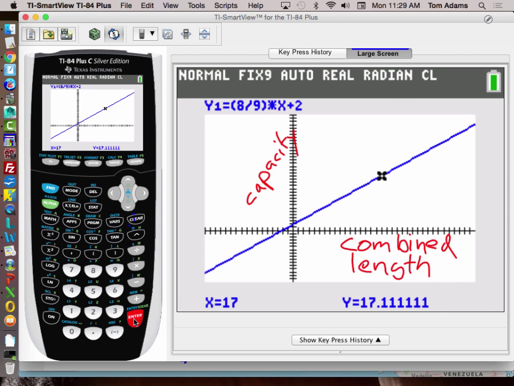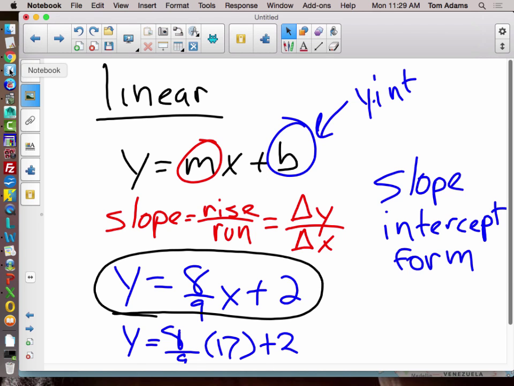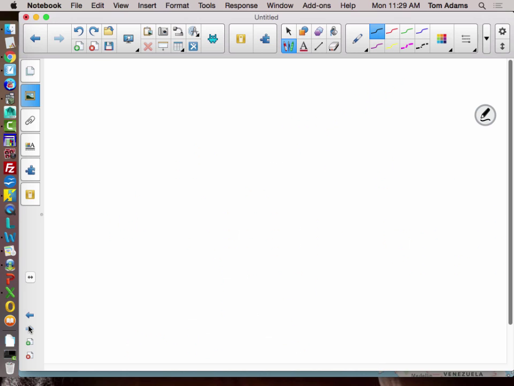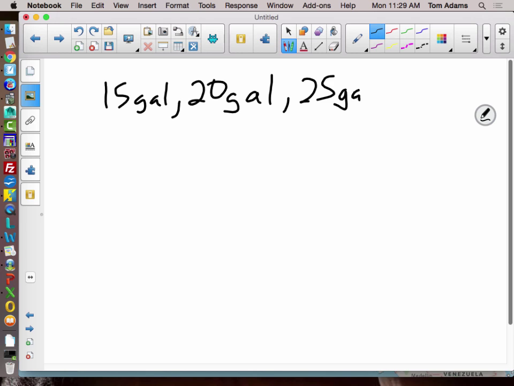So, the question was, originally, how big of a tank did you need? So, we had to choose between 15 gallons, 20 gallons, and 25 gallons. And you guys, what side did we agree on? 20. 20 would be enough. 20 would be sufficient.